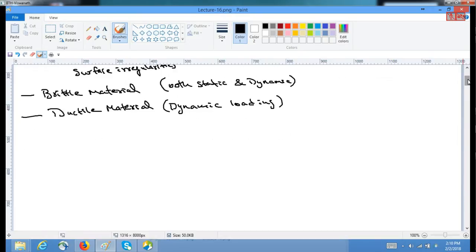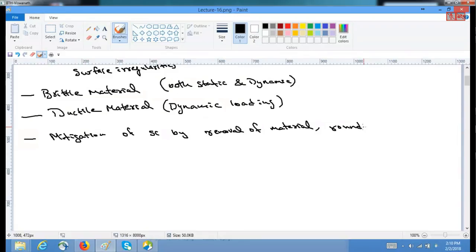These are the ways we mitigated the stress concentration factor to a certain extent, by removal of material, rounding the corners, drilling holes, etc.